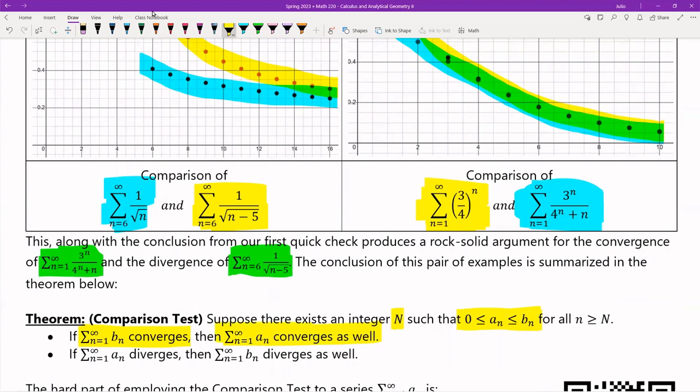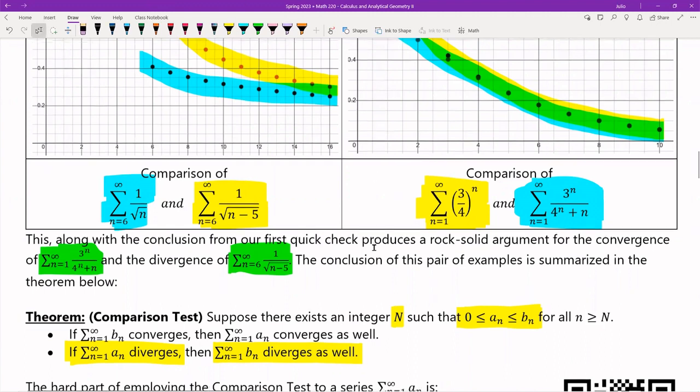This is the one that says if the bigger series converges, then the smaller series must converge as well. Likewise, if A sub n diverges, then B sub n diverges as well. This is the equivalent of saying if the smaller series diverges, then the bigger series must diverge as well. That is the idea behind the comparison test.